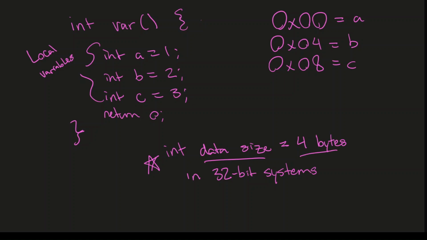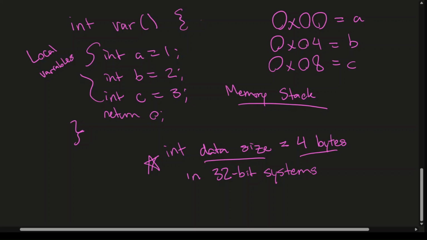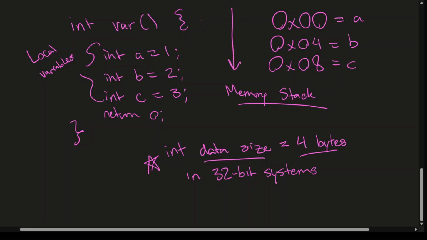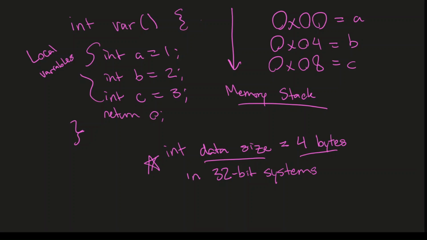And so memory has a stack, a memory stack, and that's where the local variables get put. And so memory specifically grows downwards into larger addresses because we start at address 0 and we move down to, I don't know, address FF. Since this is in hex, and we will go over hex in a later video.